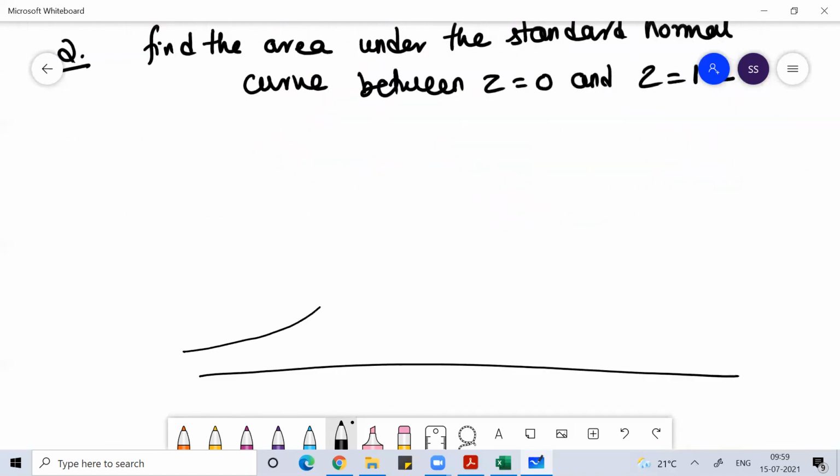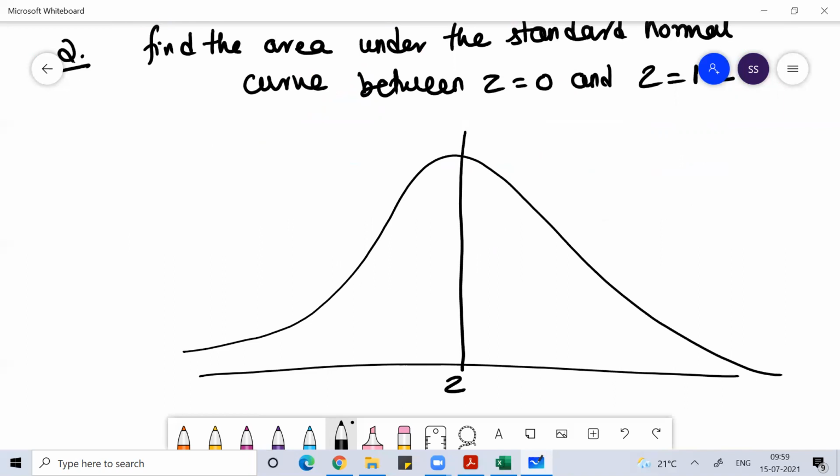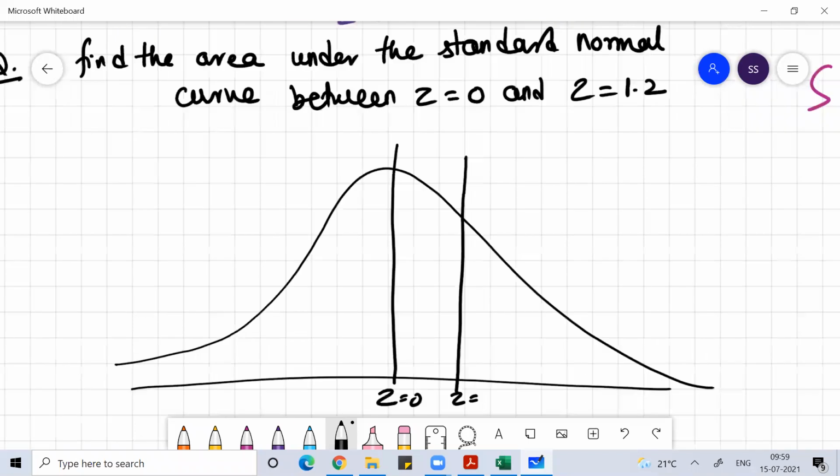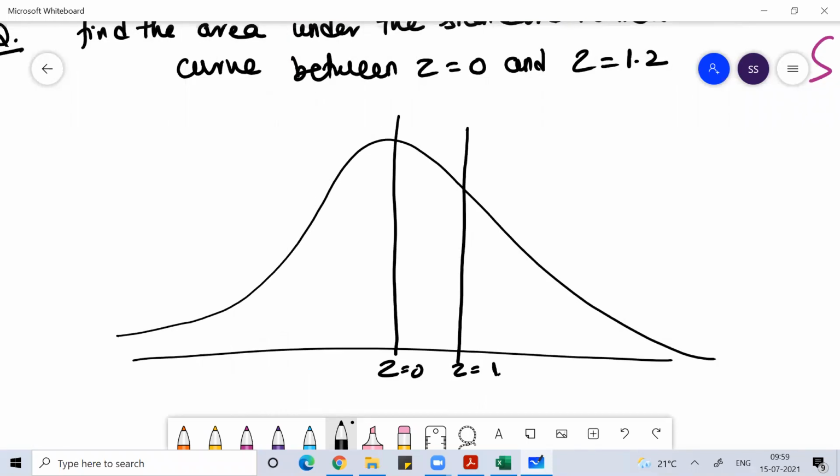So what you will do, you plot a normal distribution curve. Here at the center z is equal to 0, all positive values will lie on the right hand side, and all negative values will lie on the left hand side. If I take z equal to 1.2, I need to find this area.